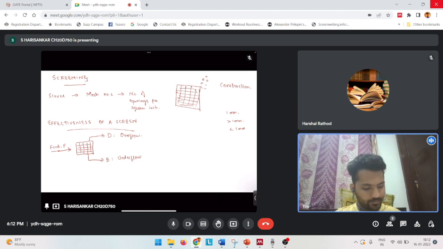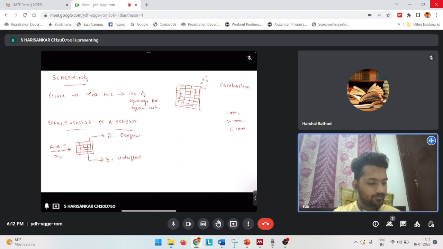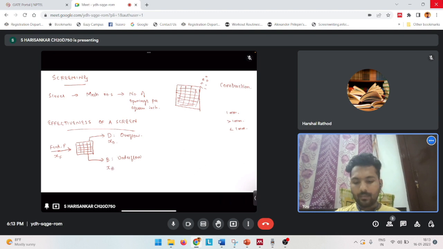Let us say XF is the mass fraction of feed, XD is the mass fraction of the overflow, and XB is the mass fraction of the underflow.